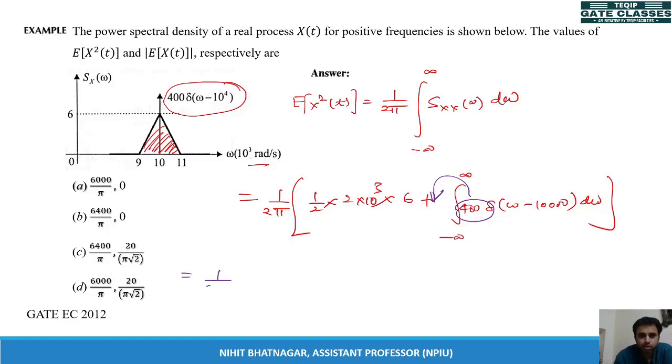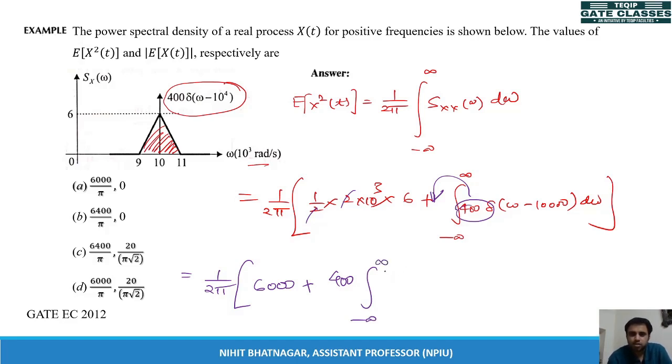Equal to bracket. Now this becomes 6,000 plus 400 outside, and this term becomes integration from minus infinity to plus infinity.